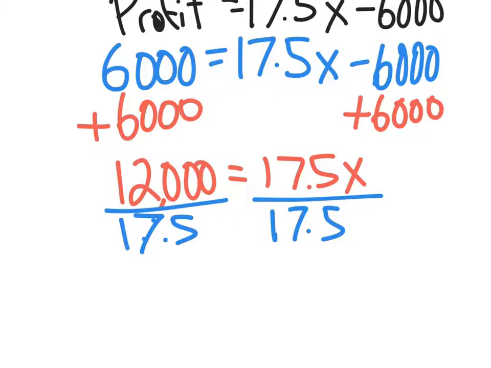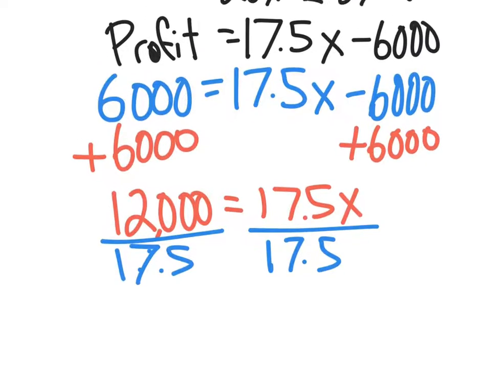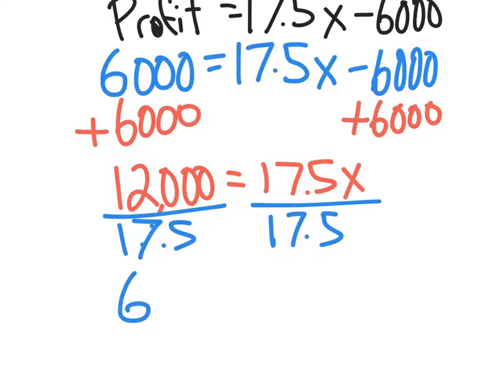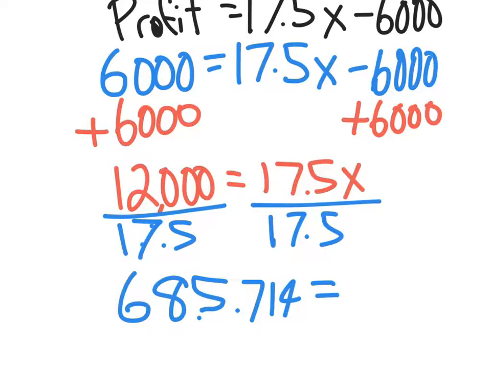12,000 divided by 17.5 gives us 685.714 equals x. This is kind of ugly.